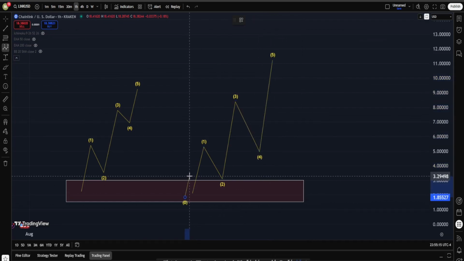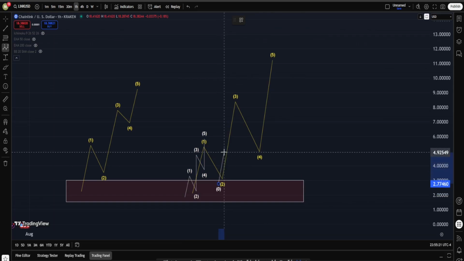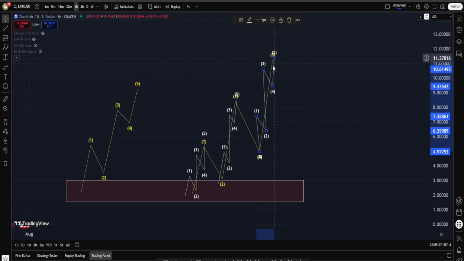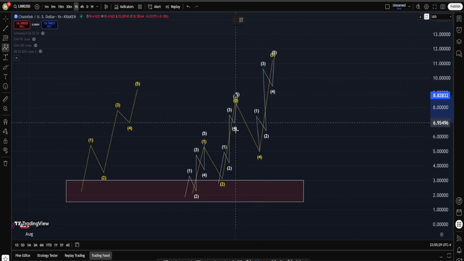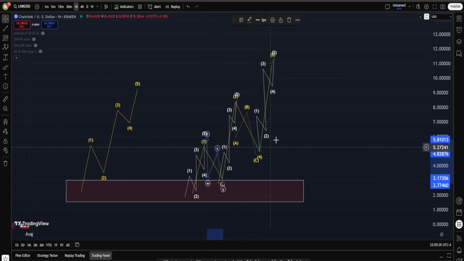And in terms of the sub waves, you probably know it in case you are a regular viewer of the channel. 5 waves up into wave 1, 3 and 5, and for wave 2 and 4 we can have many different possibilities, doesn't really matter. Let's say sure, an ABC into wave 4, and yep, a WXY structure into wave 2.